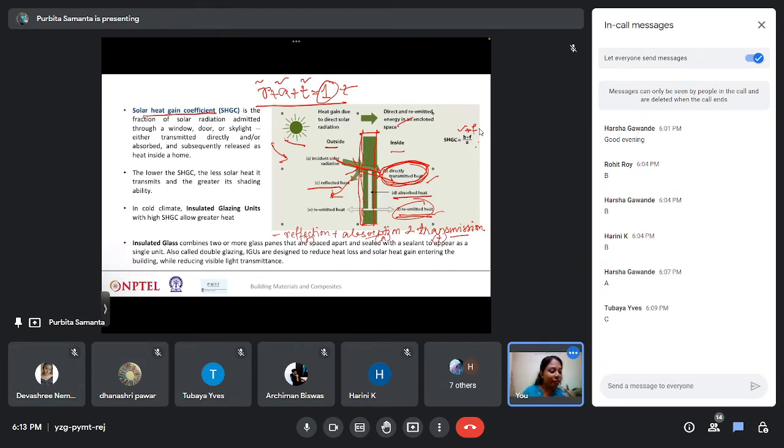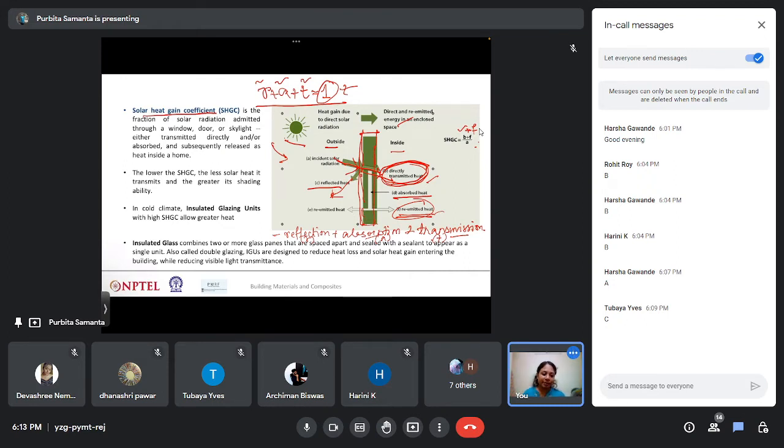So what fraction of solar radiation is admitted through this particular fenestration, to the total amount. So that is what solar heat gain is all about. So how much of the solar heat is basically gained. In simpler words, you can say it in this way.